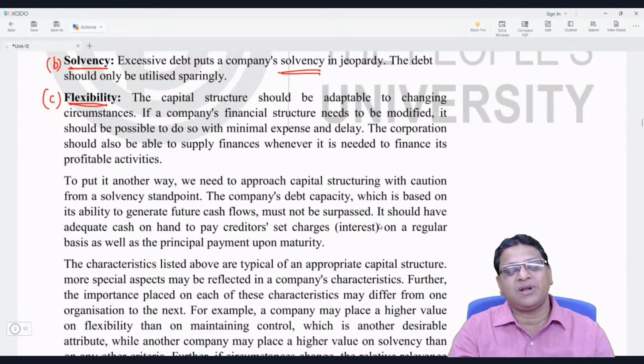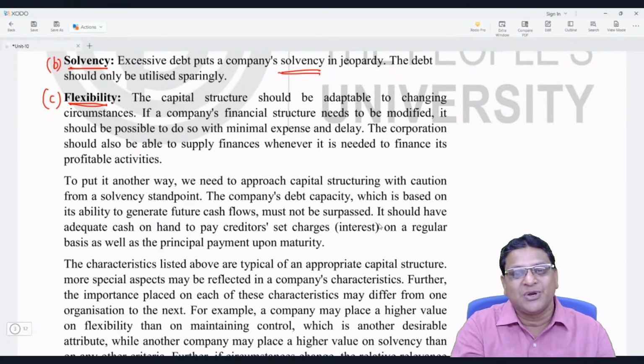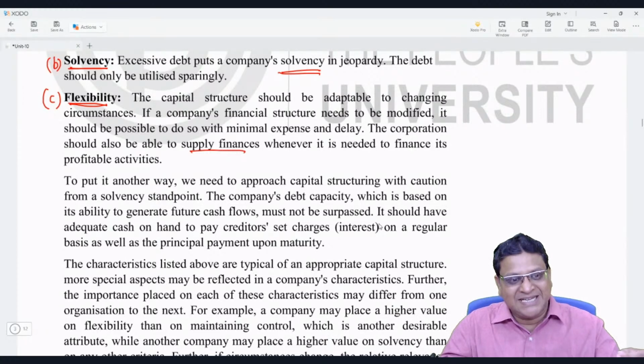Next factor which one considers while deciding the capital structure is flexibility. What is flexibility? The capital structure should be designed in such a way that we can increase or decrease the supply of finance whenever needed. So it must be flexible in nature.